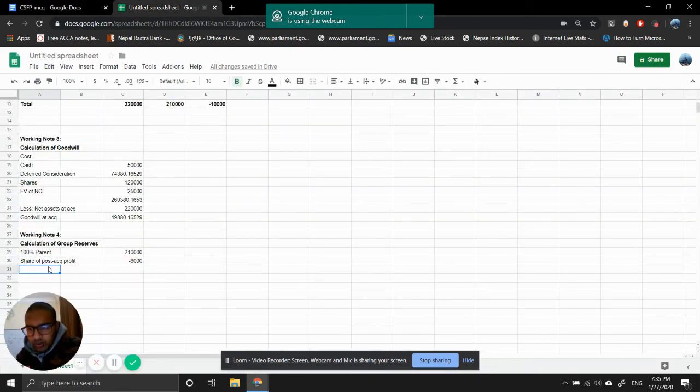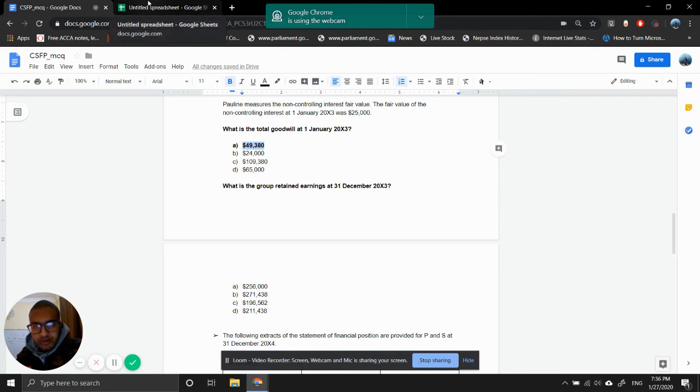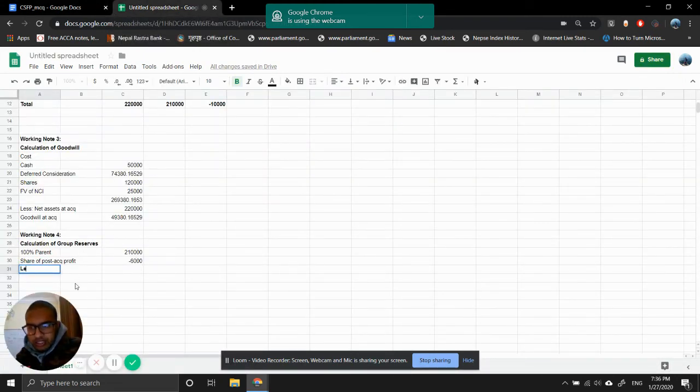I think there is an unwinding cost that's there, which is basically this deferred consideration payment. Okay, so that's what will reduce our retained earnings. So less unwinding cost.